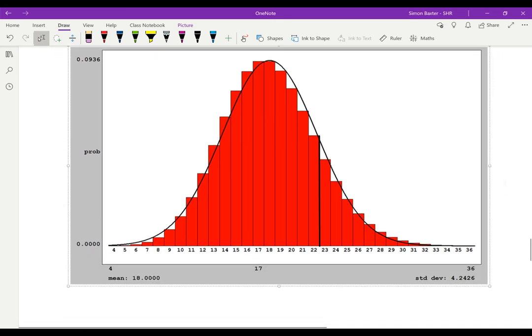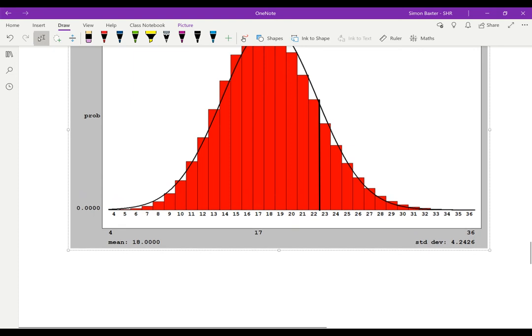Okay, let's move on then and do it. We're looking for the probability that X is greater than or equal to 23. We are going to use the normal approximation. So let's put that in.